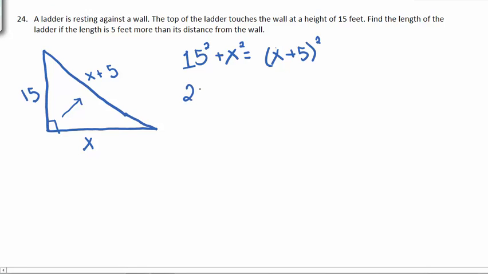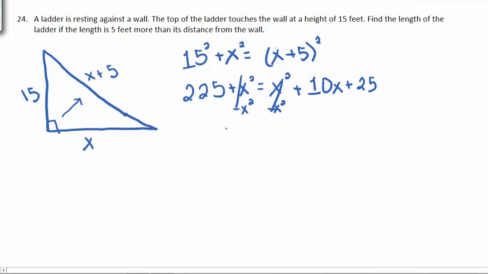15 squared is 225 plus x squared is equal to, we square the first, plus 2 times x times 5 is 10x, plus 5 squared is 25. We can subtract x squared from both sides, and once again we see that they cancel.